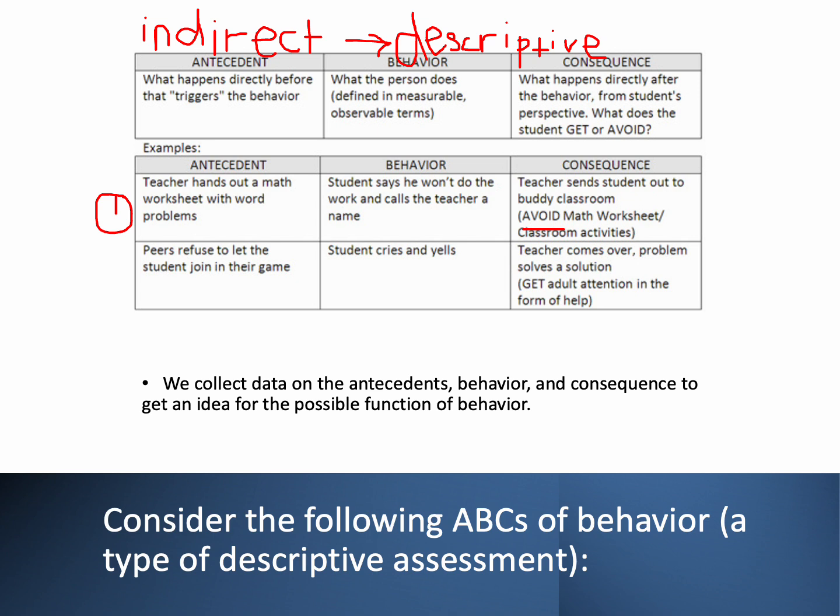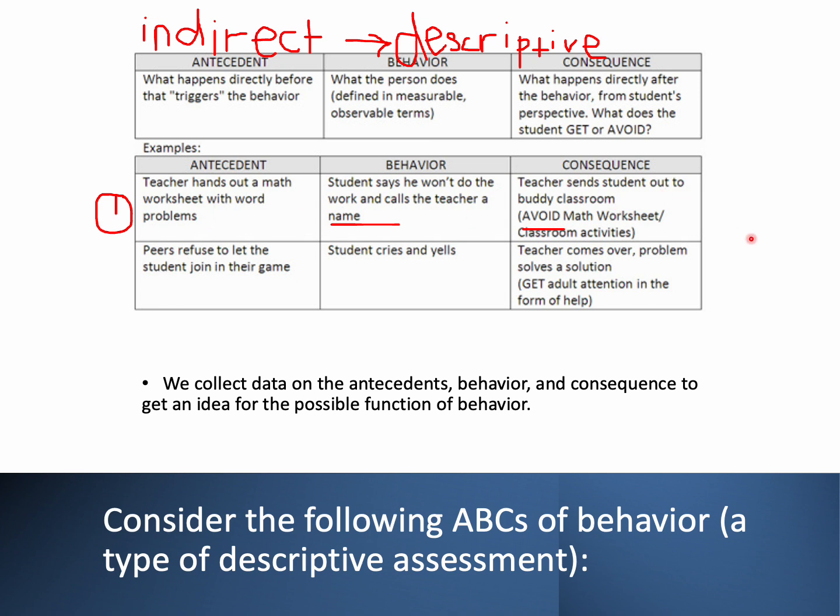So if we were to observe this behavior multiple times, we could see that if the consequence is consistent and the antecedents are consistent, we could get a sense for why the behavior is occurring. The behavior is occurring each time that a maybe difficult worksheet is presented, and what typically happens is they're sent out of the room, so they get to avoid completing the worksheet.